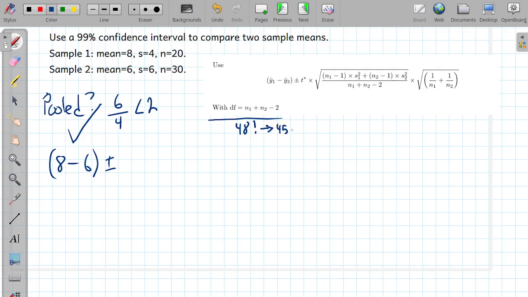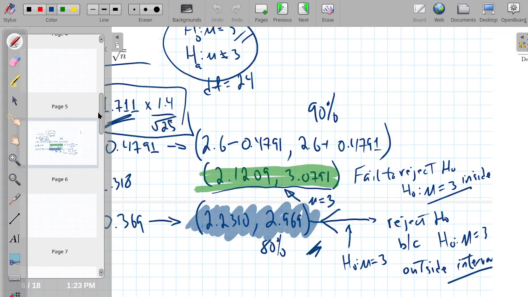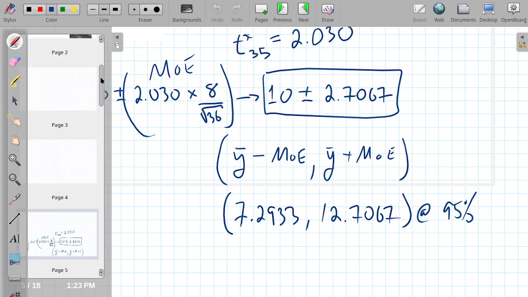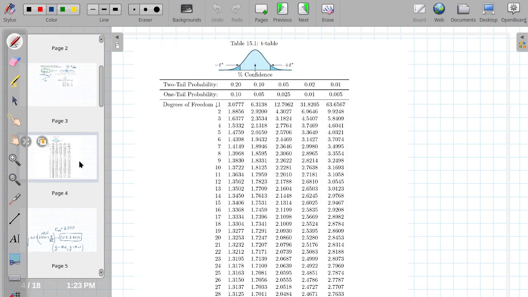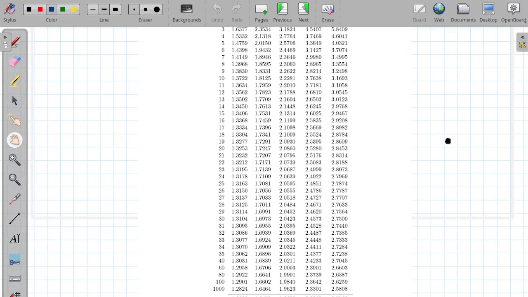Let's just verify that by going back to my notes. Okay.